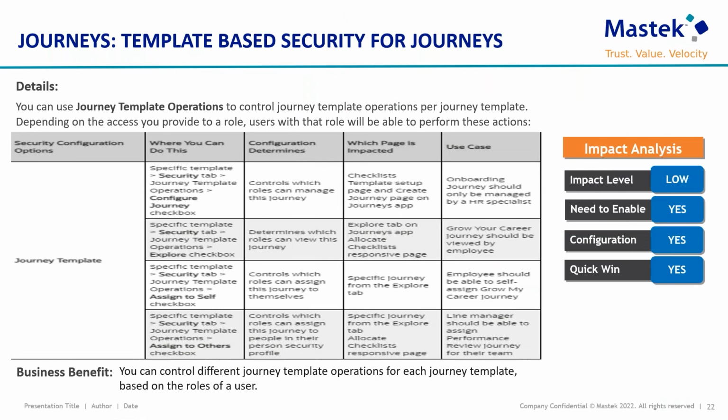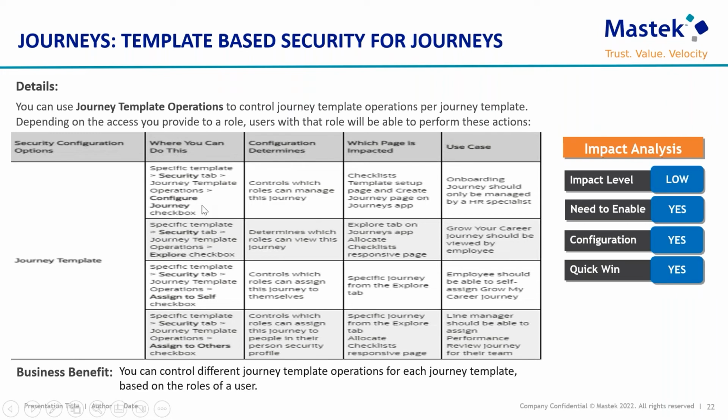And the other feature speaks about the template-based security for journeys. Like a security can be set on a template level for journeys, which lets the users restrict whether to assign a journey to other employees, or if they can view a journey at least, or whatever the control they can do based on this.